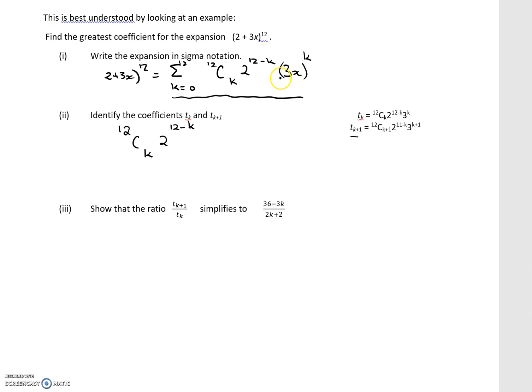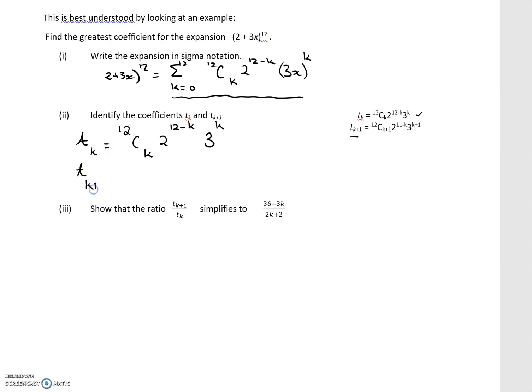There would have been originally 3x to the k, but the only part of that that contributes to the coefficient is 3 to the k. And if you look at the answers over here, you can see we've got it correct. So that would be tk.